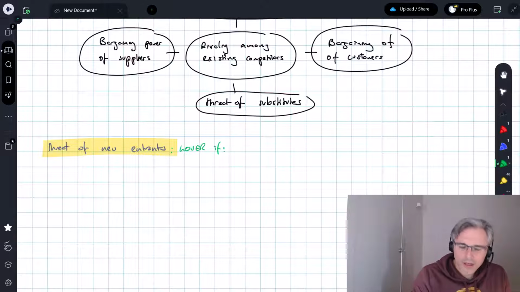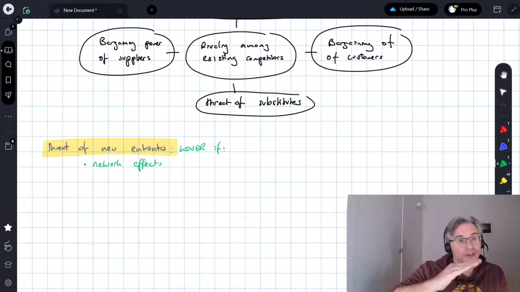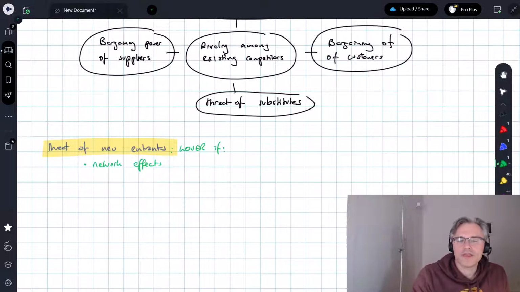Well, it's lower if, for example, there are network effects associated with a given product or service, where the value to users grows as the number of users increases.